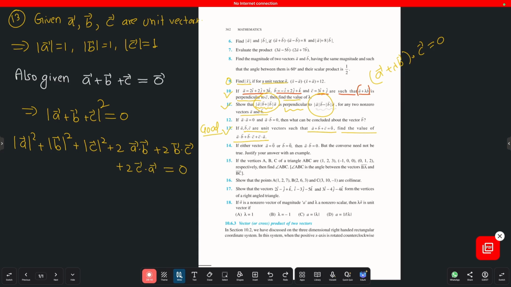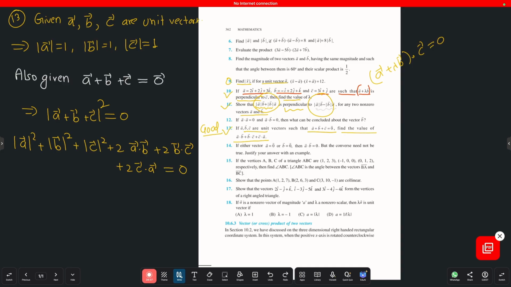And already we have mod A is 1, mod B is 1, mod C is 1. It means 1 square plus 1 square plus 1 square, 3. And 2 common, then in the bracket we have A dot B plus B dot C plus C dot A, and that is required. So what is the answer? Minus 3 by 2, because 3 going there, minus 3, and 2 common.